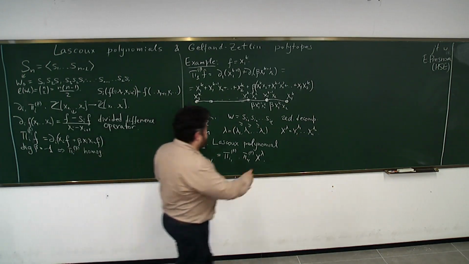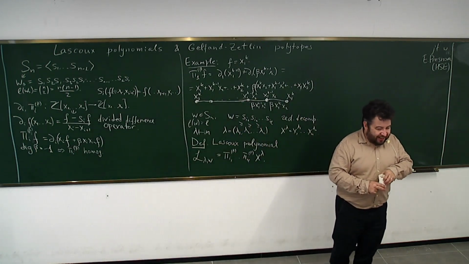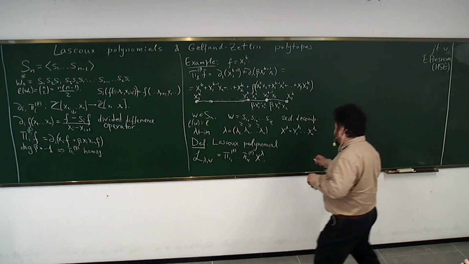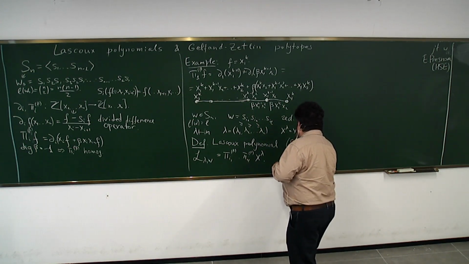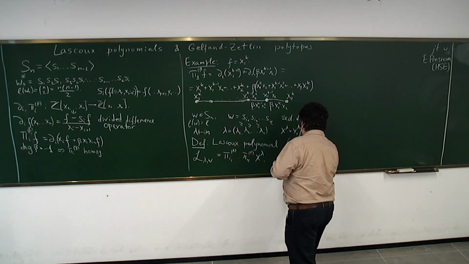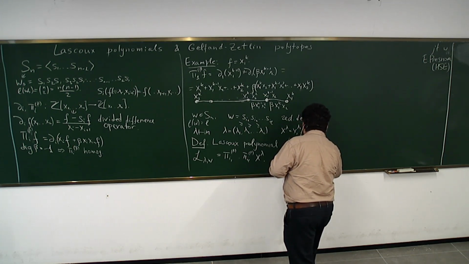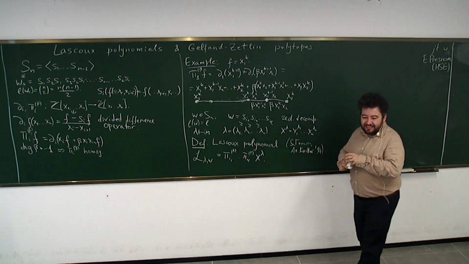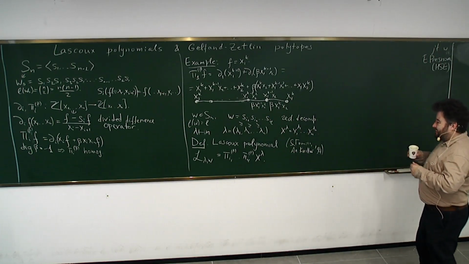Okay, Lascoux. You know Arnold's principle, right? So Lascoux polynomial, let's say Sergei Fomin, Anatol Kirillov, 94, right? Not that, '96 maybe. I don't know. Okay.